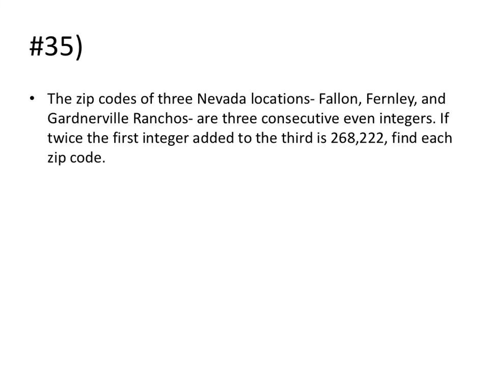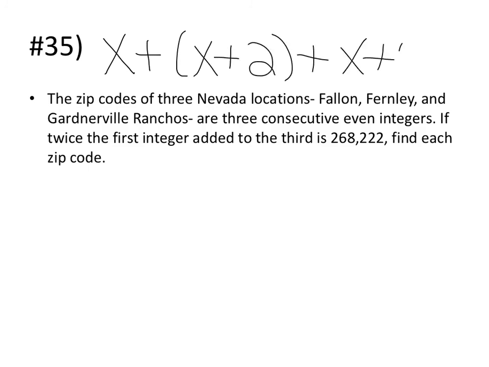Okay, the zip codes of 3 Nevada locations, Fallon, Fernley, and Gardnerville Ranchos, are 3 consecutive even integers. So remember that looks like x plus 2 plus x plus 4. Okay? If twice the first integer added to the third is 268,222, find each zip code.